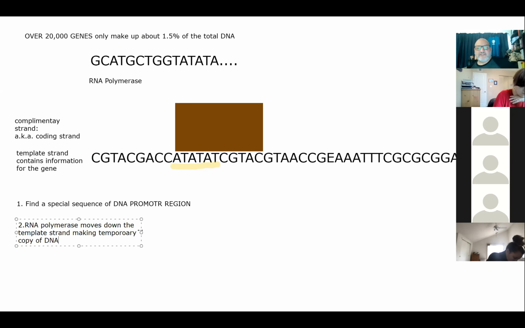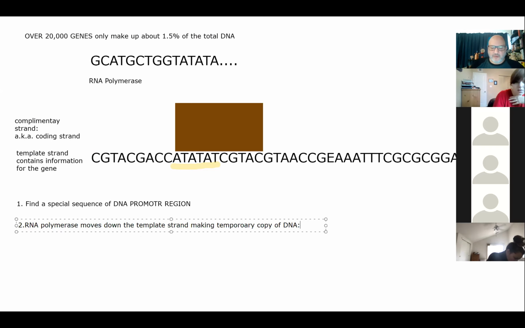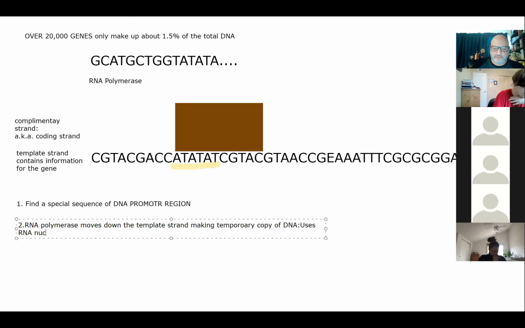But it does this not with DNA, but it uses RNA nucleotides. Of course, this means that it has ribose as the sugar. And any place you would normally put a T, it puts a U, a uracil.